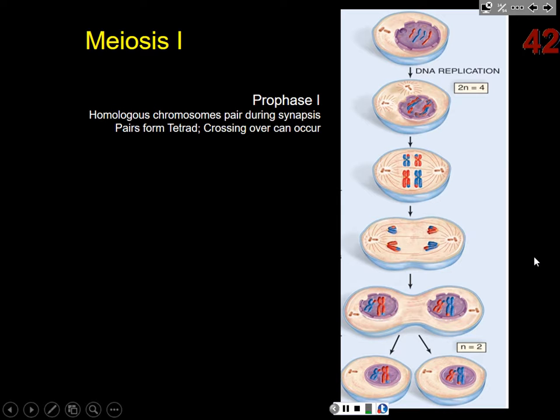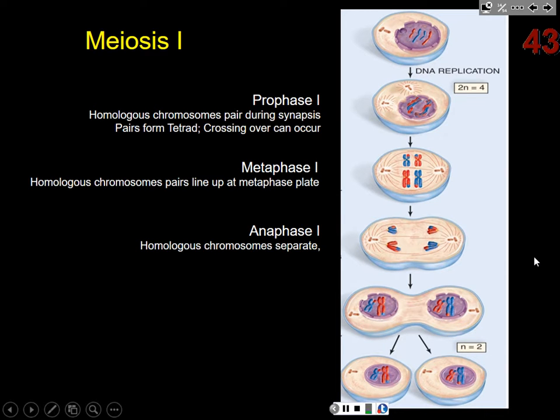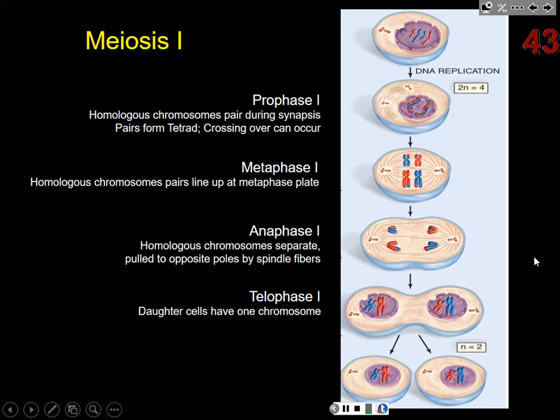If you're going to separate that chromosome needing to go to that side and this red chromosome needing to go to that side, then you're going to have to put the pairs next to each other. Okay? So metaphase lines up the homologous pairs. Anaphase is going to pull the pairs apart. Telophase, you're going to get 2 cells, 1 from each pair in each of the chromosomes.